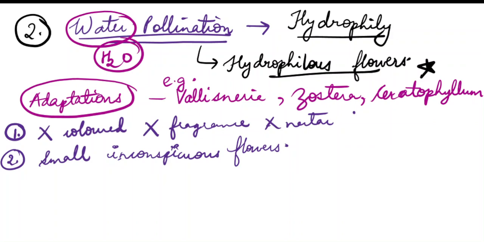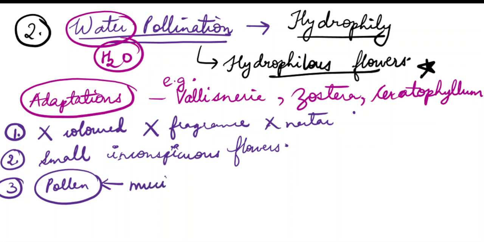Mucilage is a sticky secretory covering present on the pollen, which helps the pollen to be unwettable, meaning the pollen should not get wet. The pollen has a covering known as mucilage.